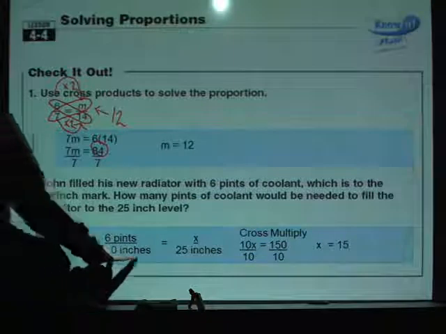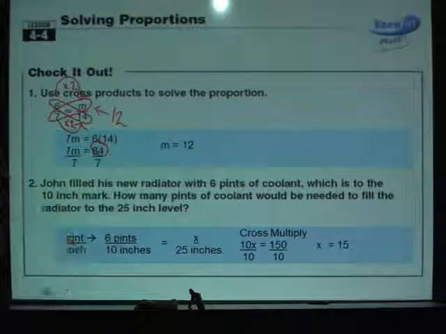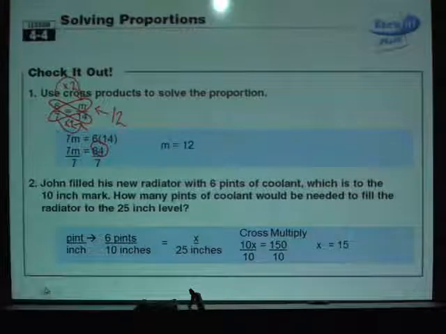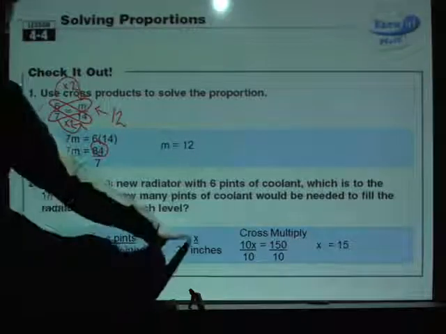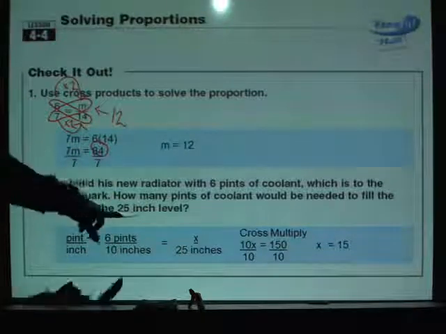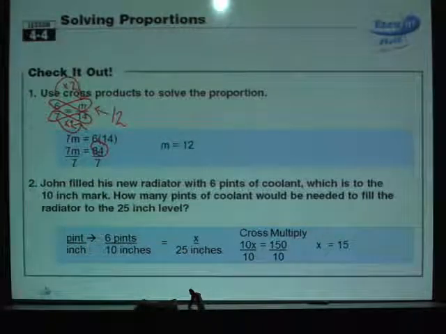So on the other diagonal, what would I multiply by 10 to get to 150? Well, that one's pretty obvious, because 10 times 15 is 150. So indeed, this must be 15 to make both diagonals be 150, and that means it takes 15 pints to get to the 25-inch level.